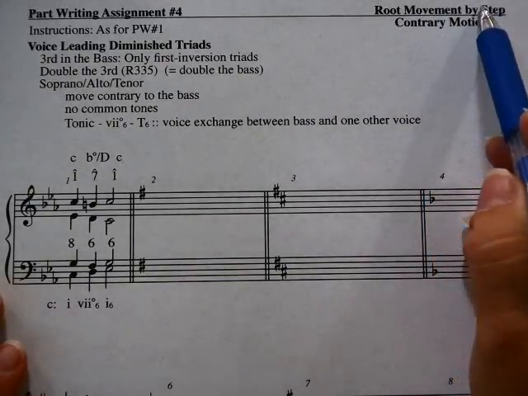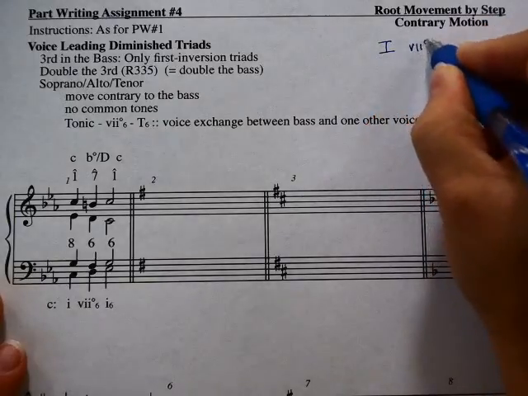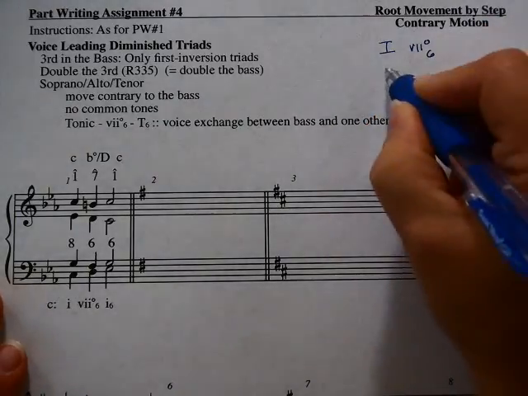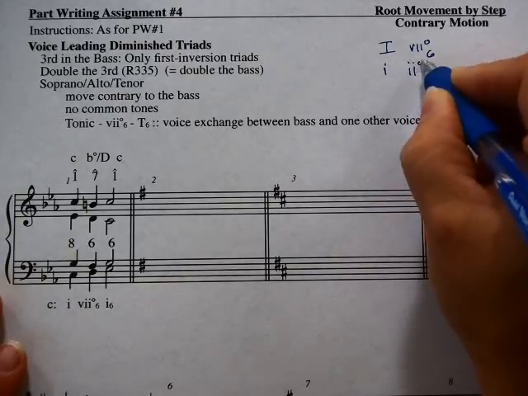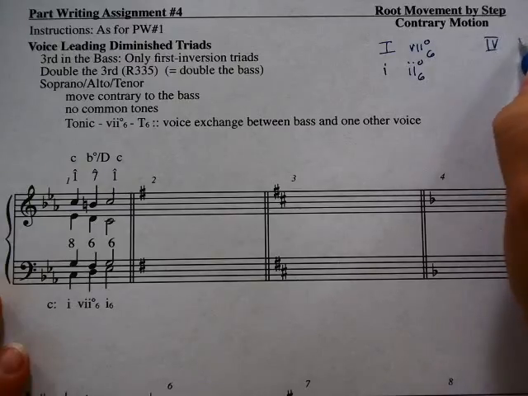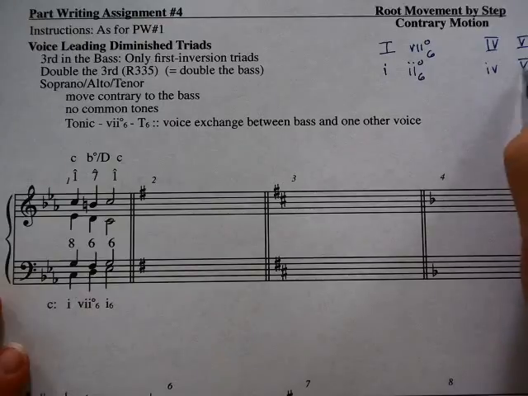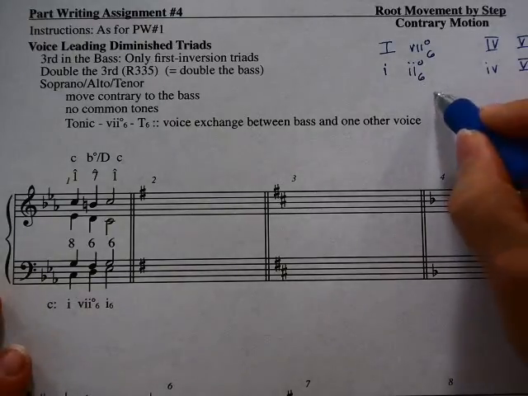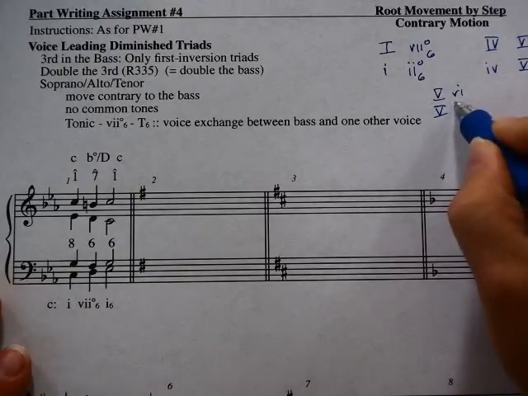What's an example of root movement by step? For example, when tonic moves to 7 diminished, or when tonic in a minor key moves to 2 diminished, or in a major key when 4 goes to 5, in a minor key when 4 progresses to 5, or when 5 moves to 6, which in a minor key is 5 to 6.